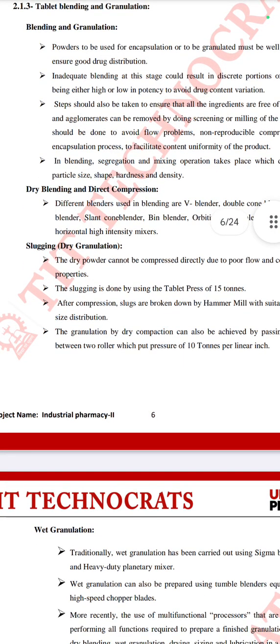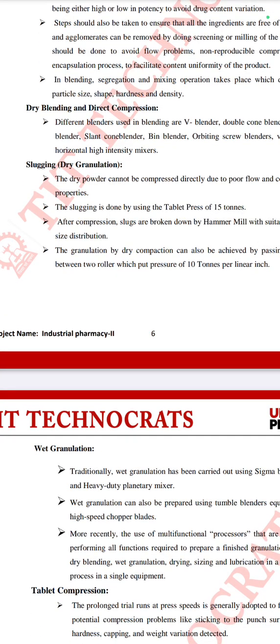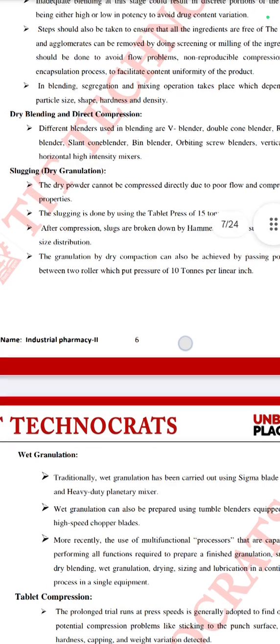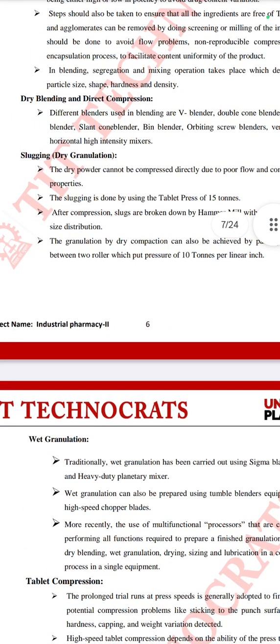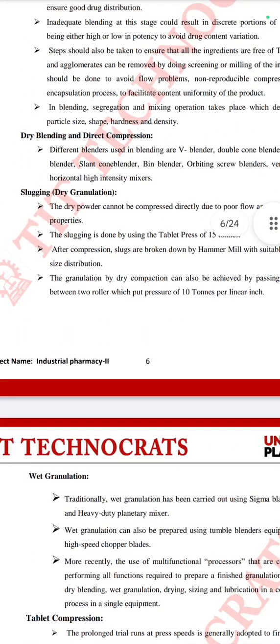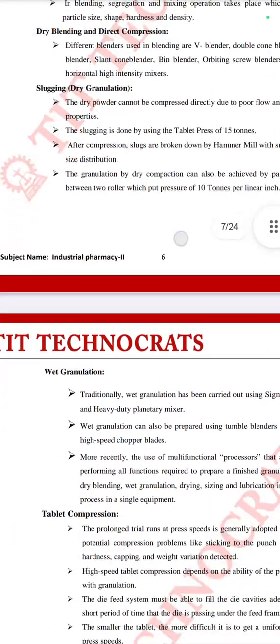Either we are doing dry blending, direct compression, slugging, dry granulation. The dry powder cannot be compressed directly due to poor flow and compression properties. And slugging is done by using the tablet press, 15 tons. So these are the basic considerations for the dry granulation method in tablet preparation.